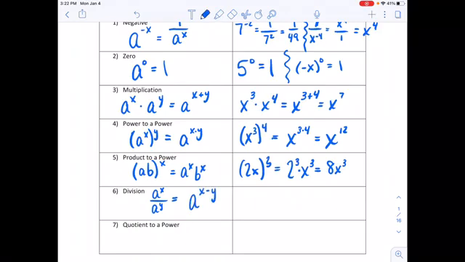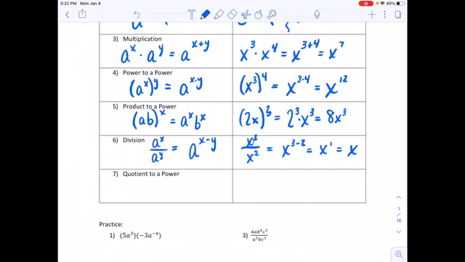So a to the x minus y is what we have. So for example, we have x cubed over x squared. This is the same thing as simply subtracting our exponents, numerator minus denominator, so x to the first power, which is really just the same as x.